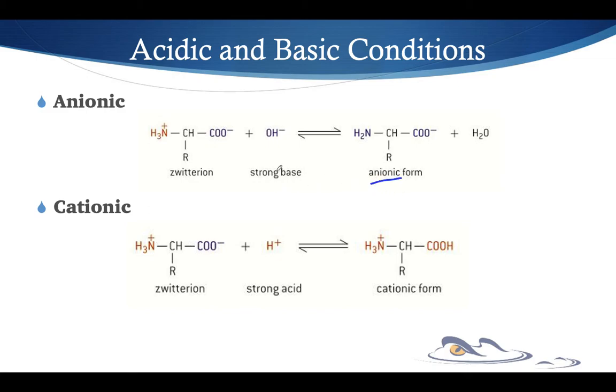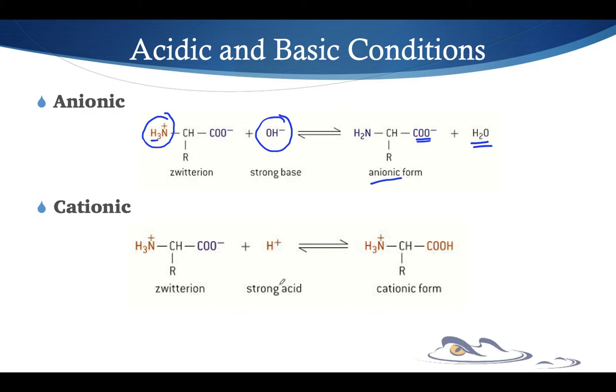So if it's in a basic solution of some type, here you can see the OH, then it's going to be in an anionic form. The base here is going to interact with the conjugate acid, and it's going to remove one of these protons, and that'll form our water over here. Now the Zwitterion is left without its positive charge, and it only has the negative charge remaining. So that's how it is in an anionic form.